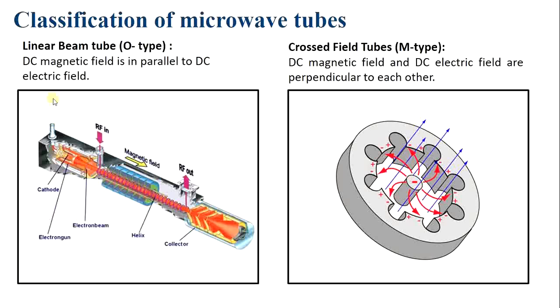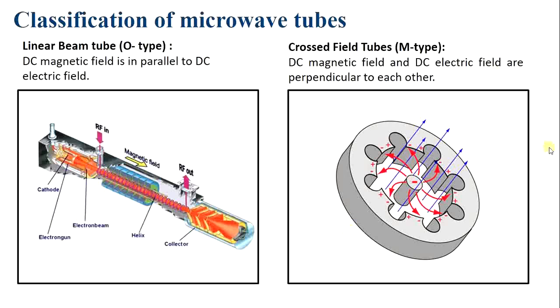These linear beam tubes are sometimes referred to as O type tubes, where O resembles the original type of tube, while in the cross field tubes the DC magnetic field and the DC electric field are perpendicular to each other.